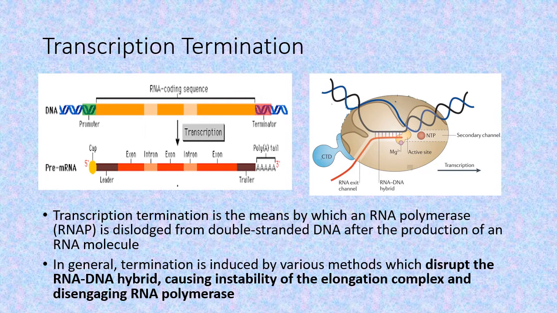Now, as we know, in eukaryotes there are three types of RNA polymerases involved: RNA polymerase first, second, and third. They are used for the transcription of three different types of RNAs, that is the ribosomal, the messenger, and the transfer RNAs.